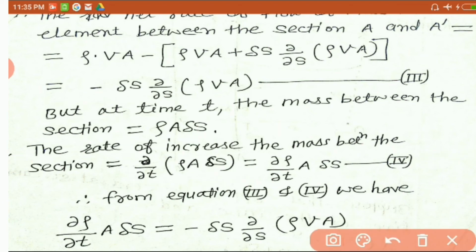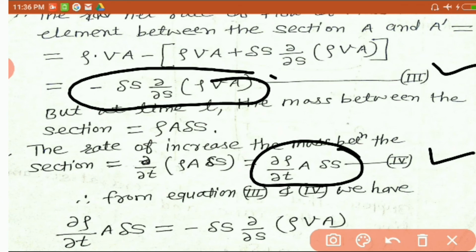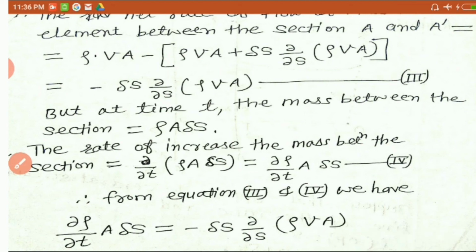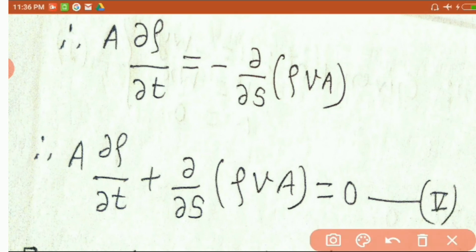Now from equation third and from equation 4, what we get? We get this right hand side is equal to this right hand side. These both are equal. So we get dou rho by dou t A delta s is equal to minus delta s dou by dou s into rho va.